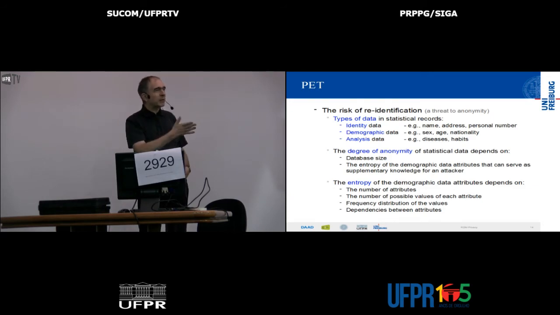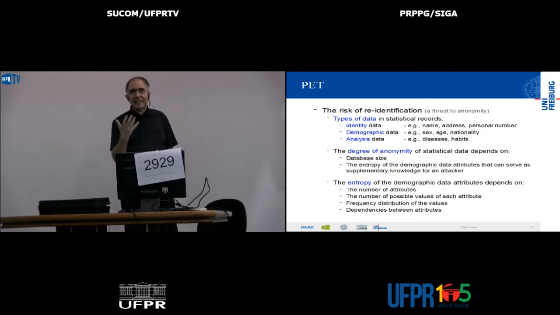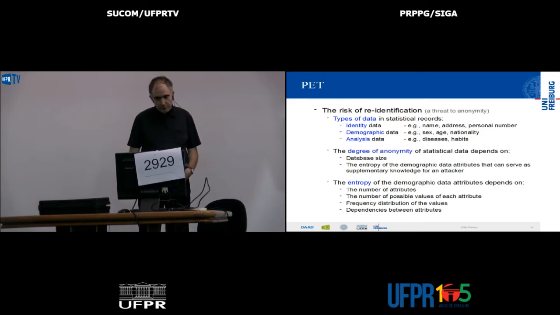Now together we probably can hide. But we're only two. They have a closer look at us and you find who is who. Hiding is an issue. So the entropy of the demographic data is the number of attributes, number of possible values, the frequency distribution of these values. You'll see examples.